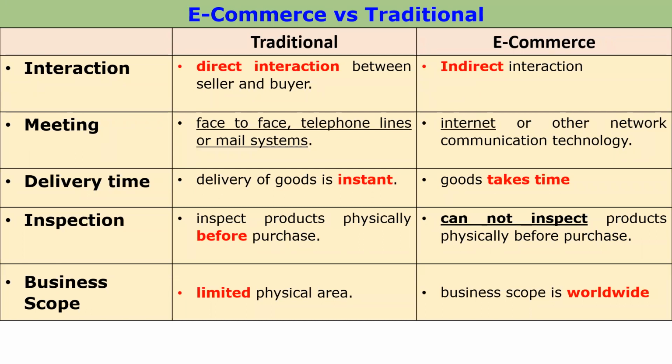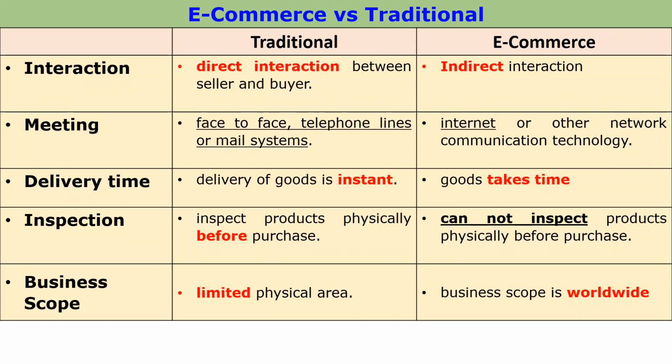Under traditional, face-to-face meeting is available, or telephone lines or mail system they can use to meet the customer and the seller. But under e-commerce, the meeting happens through the internet or other types of network communication technology. If you consider the delivery time, delivery of goods is instant, right?